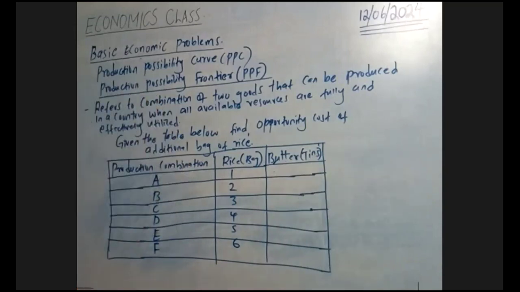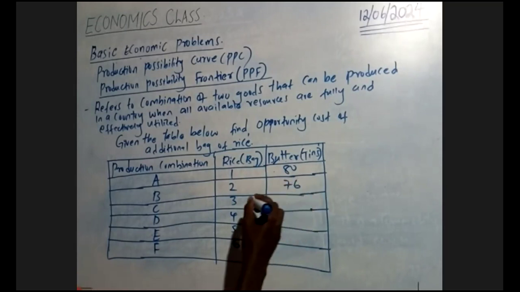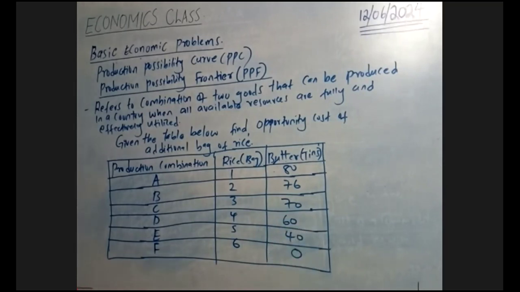So we have 80, 76, 70, 60, 40, na 0. So can you see that table? I hope you can see that table.